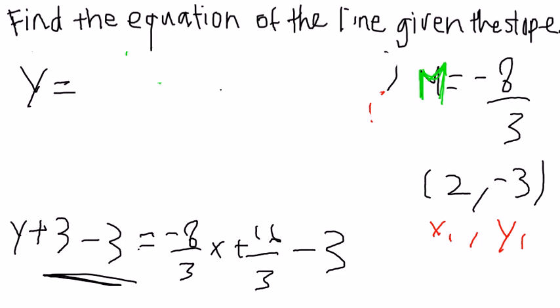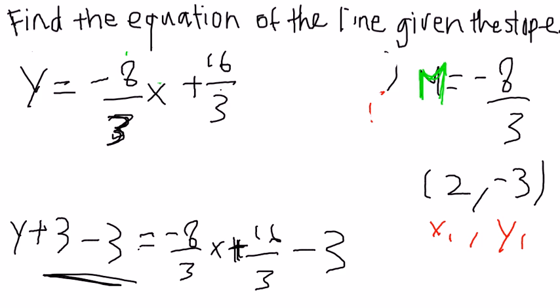And then we have y equals negative 8 over 3x. There's no like term, so the x stays. And now we need to figure out how to add 16 over 3 minus 3. Well, what is the least common denominator? We have a 3 right here, and right here we can once again pretend there's a 1, right? So we need to make this 1 a 3 somehow. How are we going to do that?